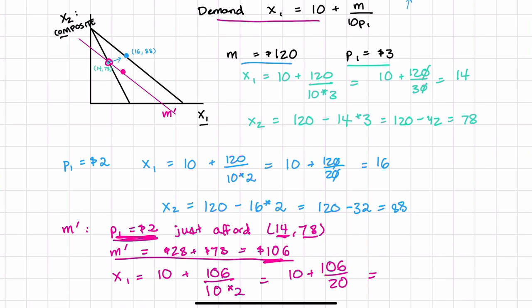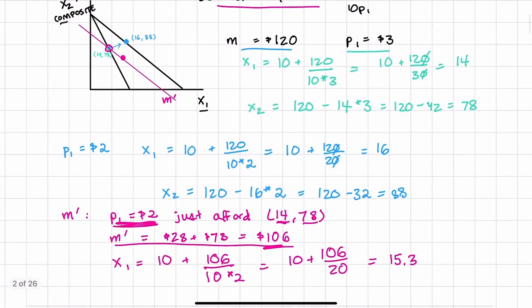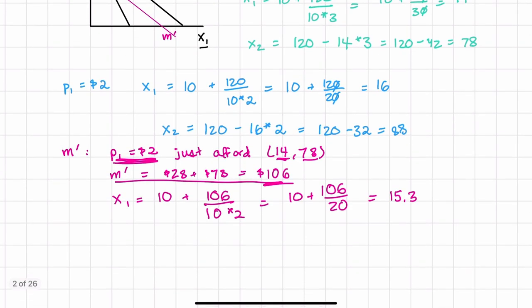Let's see. 106 divided by 20 is 5.3. Add that to 10, we get 15.3. And how much of good 2 do we have? That'll be our income, 106, minus our expenditure on good 1, which is 15.3, at a price of $2 per.